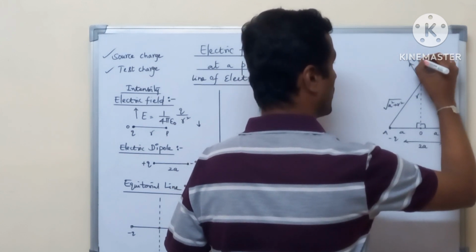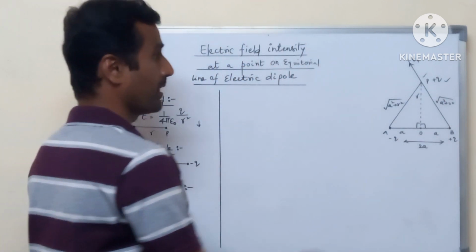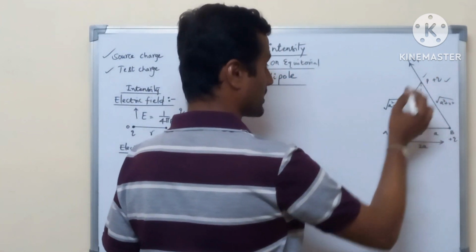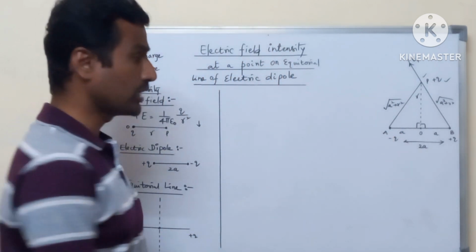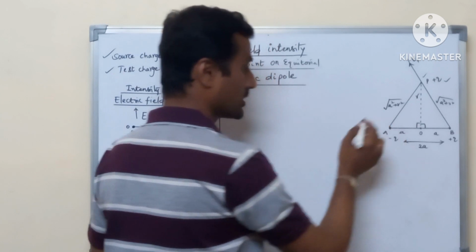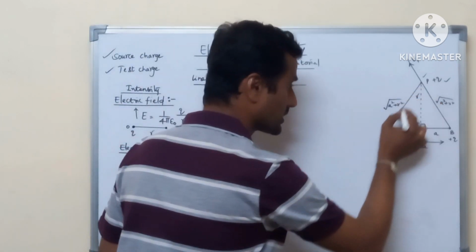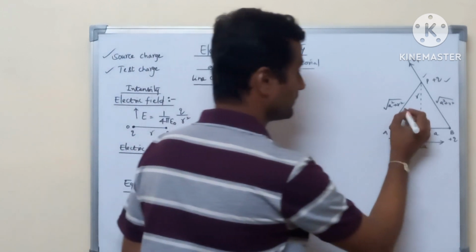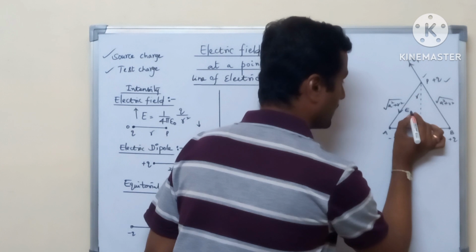Let us denote this electric field as E1. Similarly, at P there is a positive test charge and at A there is a negative charge. The negative charge is the source charge. Therefore, the direction of electric field is towards the negative charge. Let us say the intensity of electric field is E2.